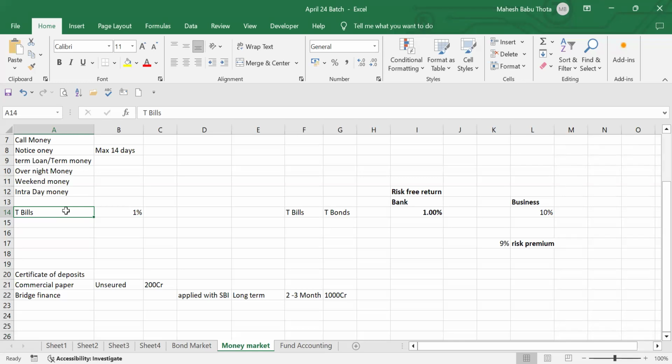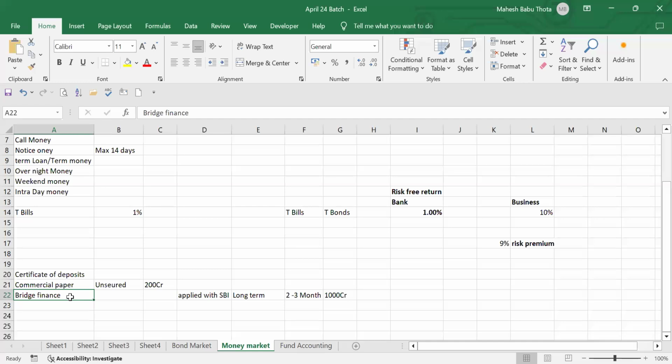Okay, sir. Thank you, sir. Anyone else? Any questions? Bro, commercial paper and bridge finance, what is the difference? Bridge finance is something for short-term requirements. If you are taking finance for short-term requirements, that is called bridge finance. Commercial paper is also for the short term, but it is a type of instrument.